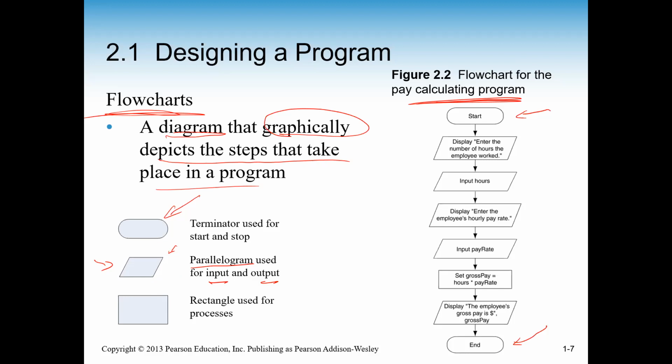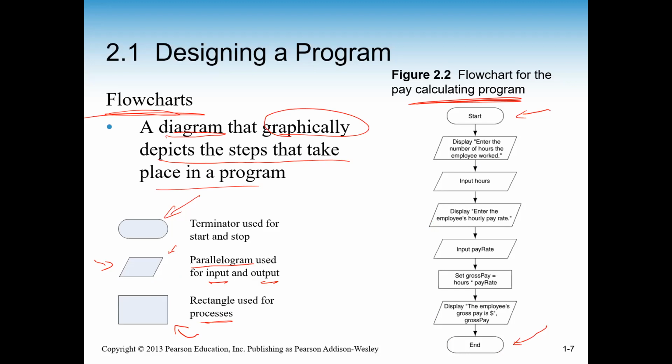And then finally, this is pretty standard for a lot of flowcharting approaches. You use a rectangle for processes. So processes are anything where you have a computation, some kind of an action that takes place, maybe that modifies your data, some kind of calculation.